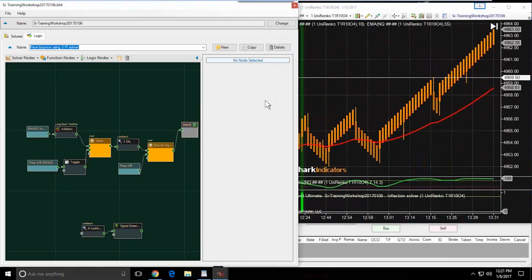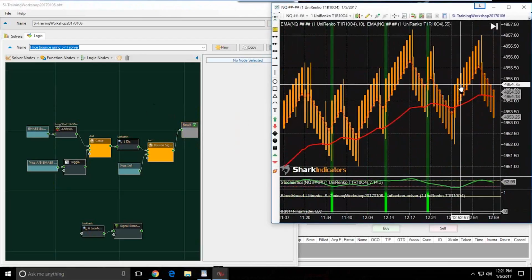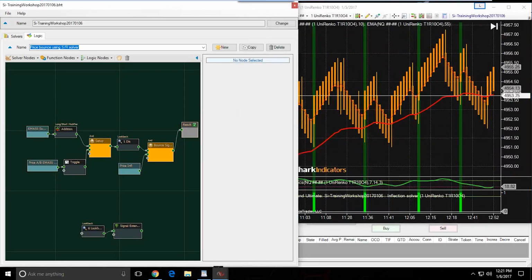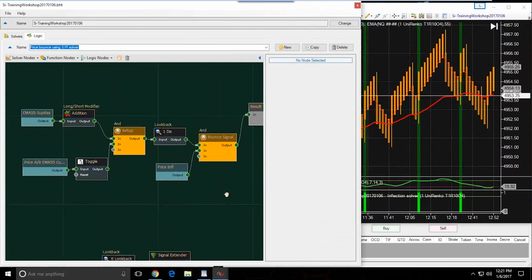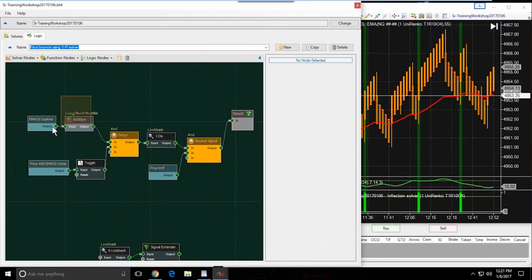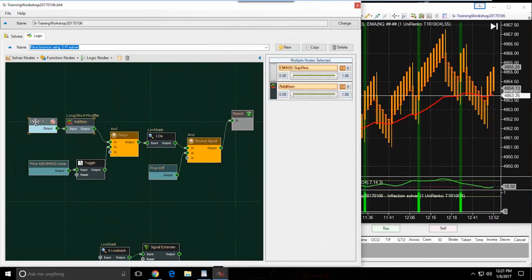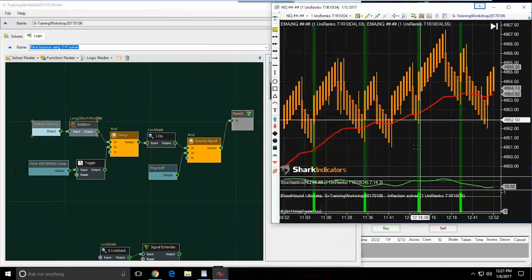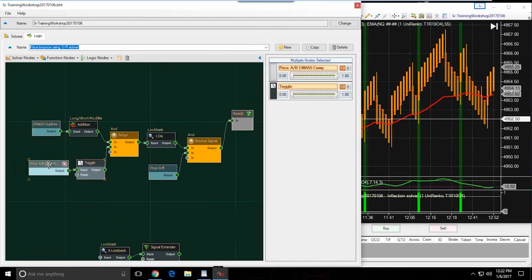So let's take a look at our logic again here. Right. So at the top here, we have a set of logic. So we used our support resistance to detect when price has gotten close enough to our support resistance line, to look for a possible bounce. And then we have another group of nodes that's detecting our trend.